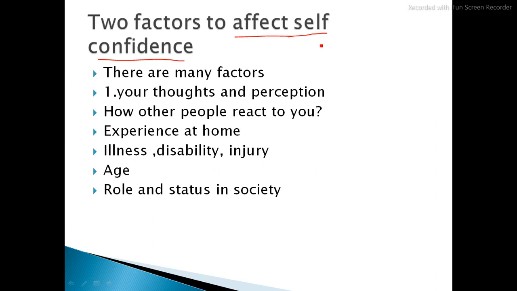Means a person is self-confident but suddenly he got some situation and then he or she got devastated. So there are many factors. First one is your thoughts and perception. Perception means a prejudice, what idea we decide prior.